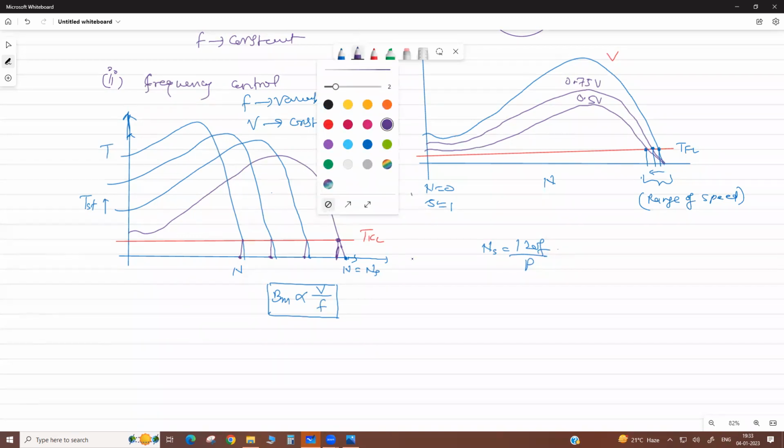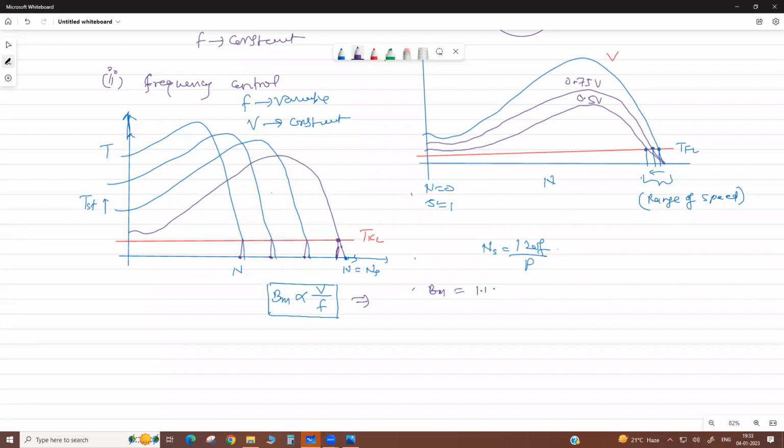See, actually we can vary this, but we maintain the flux density because when we design the motor, we select the flux density, like 1.1 Weber per meter square.